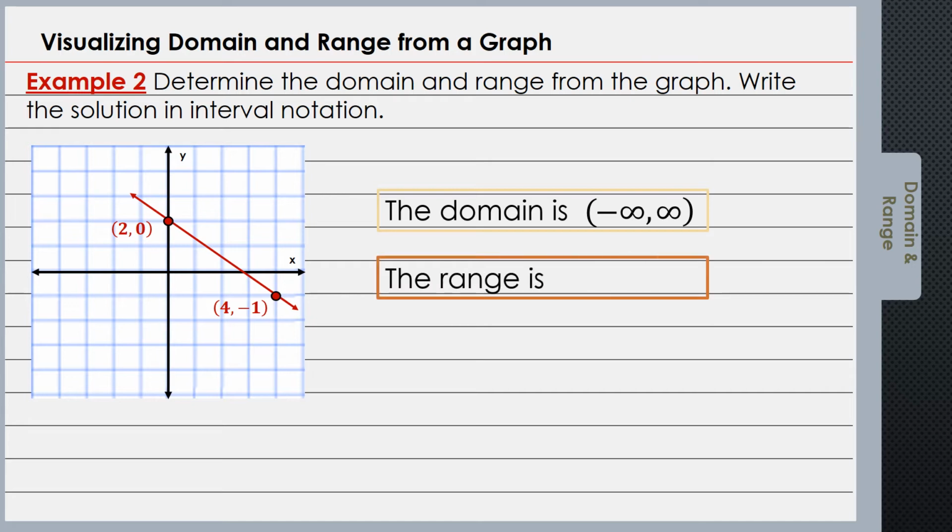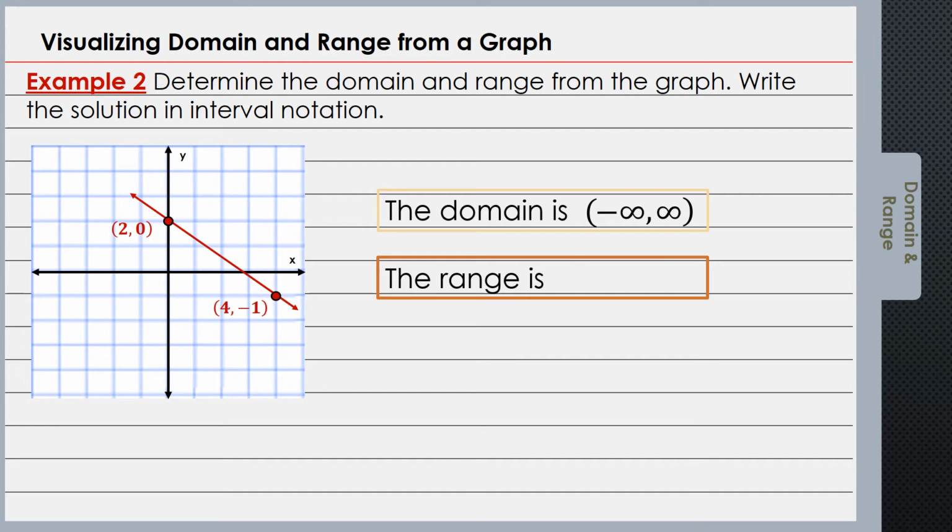Now time to look for our range. Range corresponds to the y values, which means the y-axis, which travels up and down. Because we must write interval notation from smallest to largest, we have to look at the lowest part our graph ever goes along the y-axis. So as you follow the red line down along the graph, what do you notice is at the lowest point?